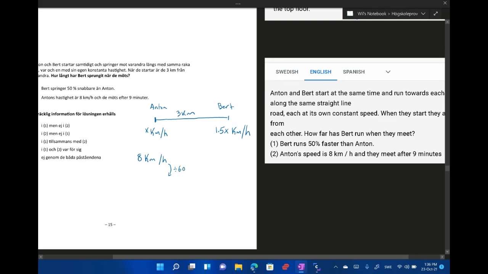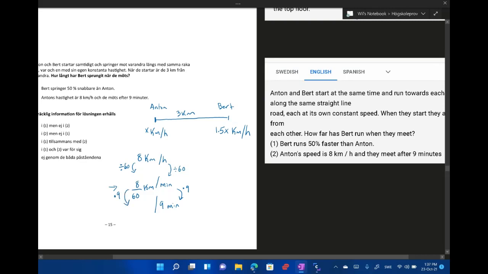So we're going to have 8 over 60 kilometers per minute. And we know that they're going to meet in 9 minutes, so we can times it by 9.